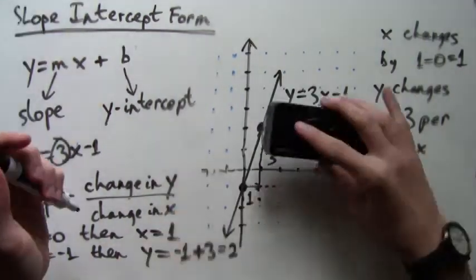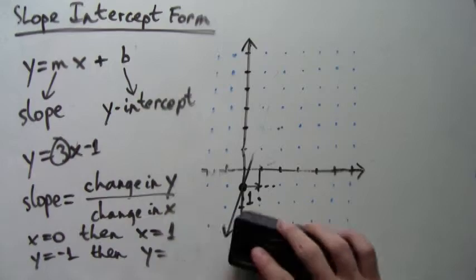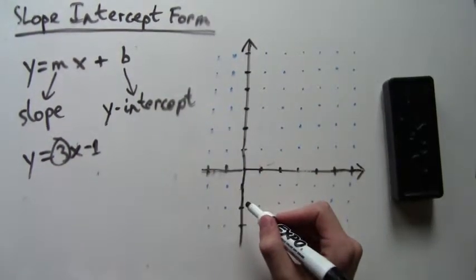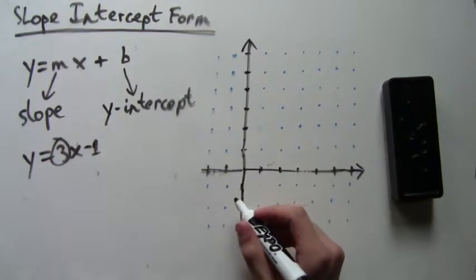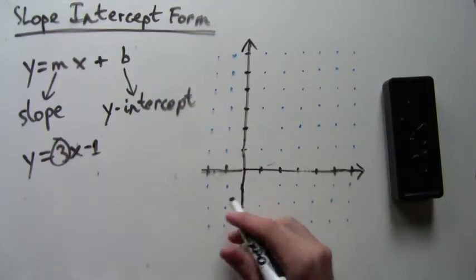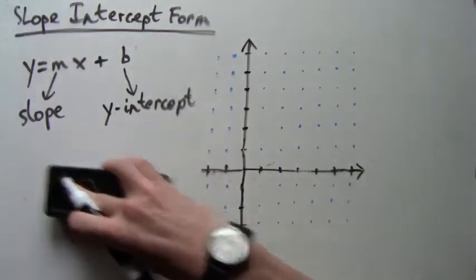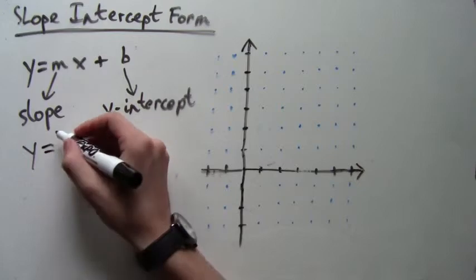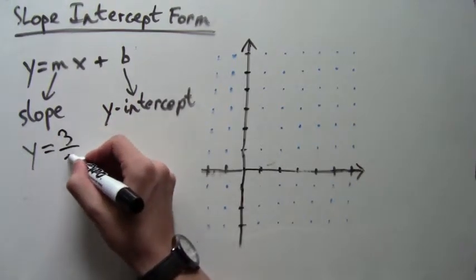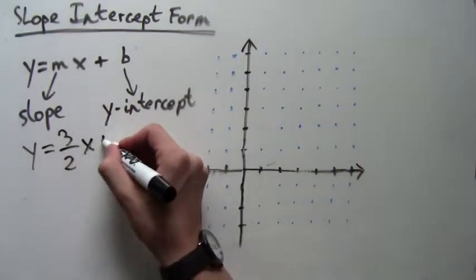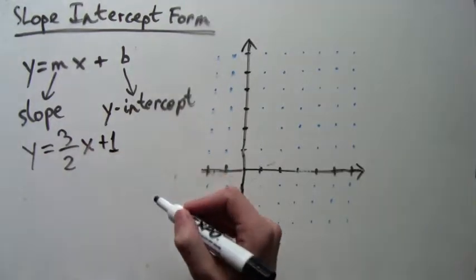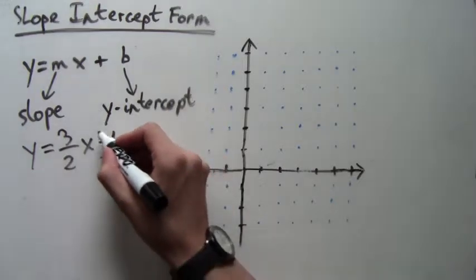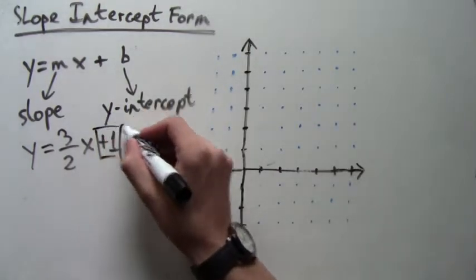Now we will move to a second example. First, I will clean up the board. Now we are ready to move on to our second example. We will take the function y = 3/2 times x plus 1. We know that 1 must be the y-intercept.